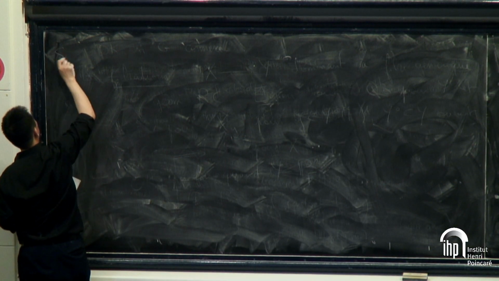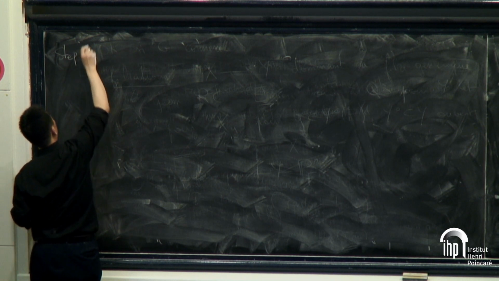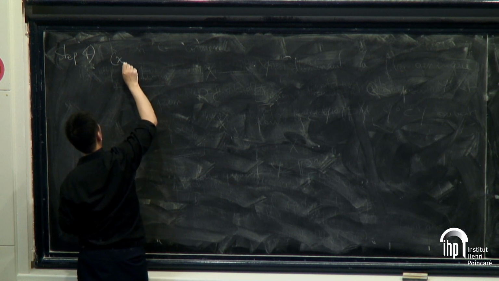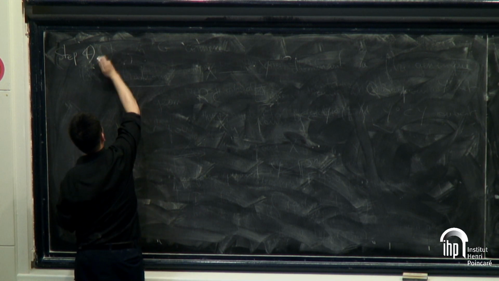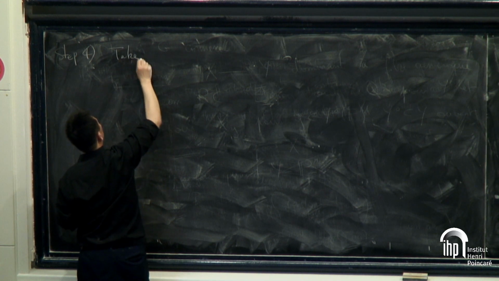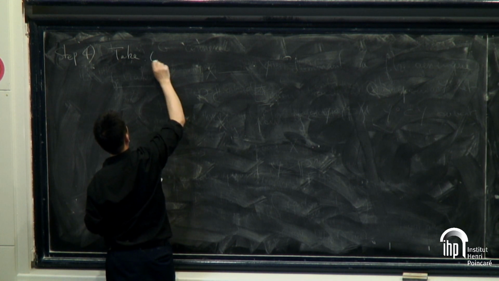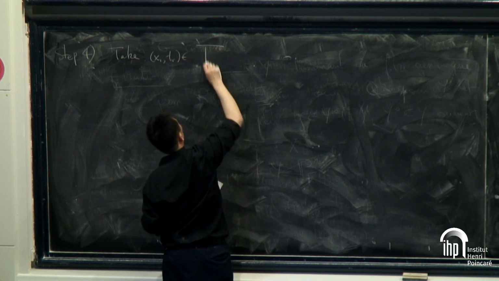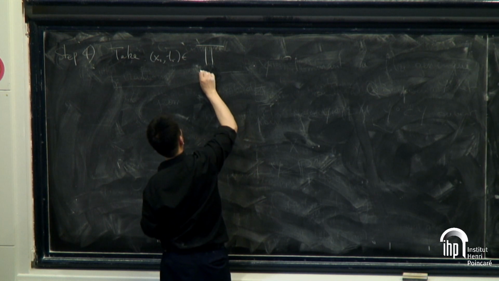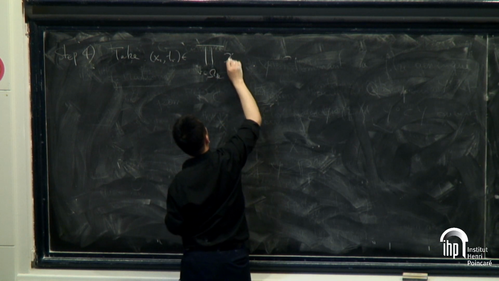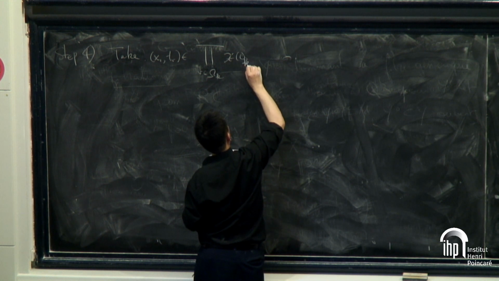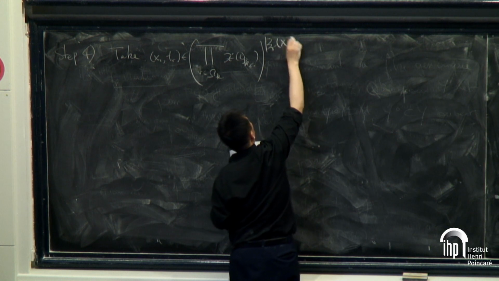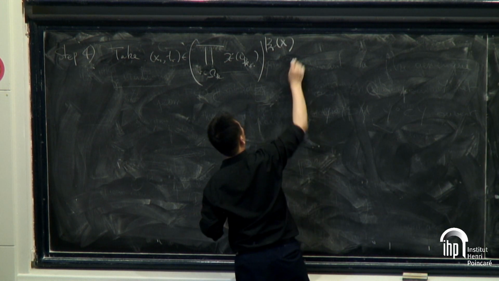Step 4. Because I know this given condition, this one is non-empty, so I can take the local solutions x_v, t_v belonging to this local solution set, in the Brauer-Manin set, because this one tells me it's non-empty.